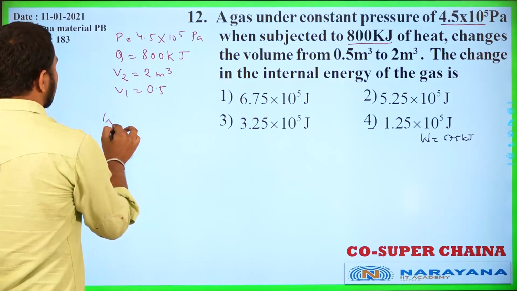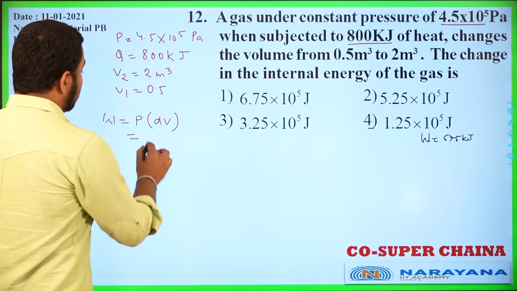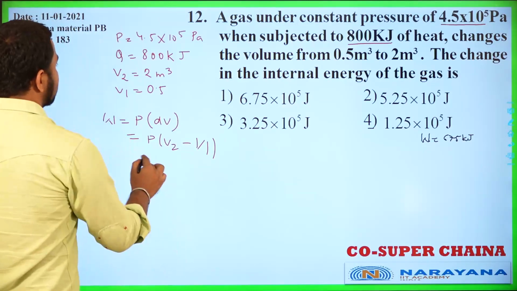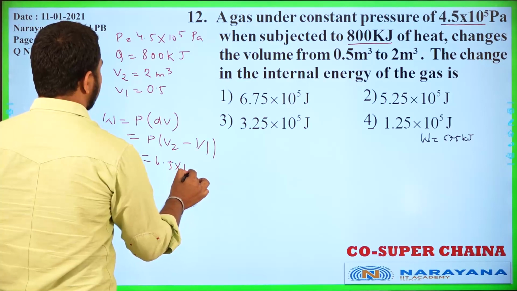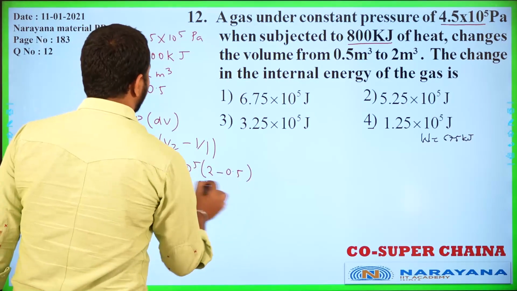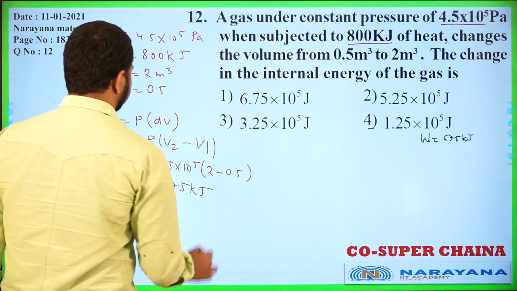Work done is P dV, which is P times V2 minus V1. Substituting 4.5 into 10 to the power 5 and 2 minus 0.5, we get work done as 675 kilojoule.